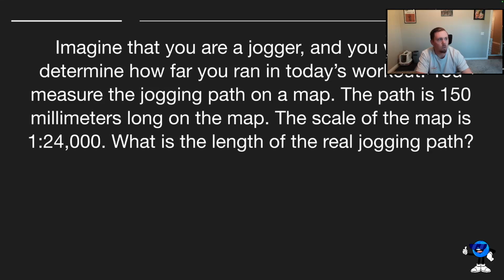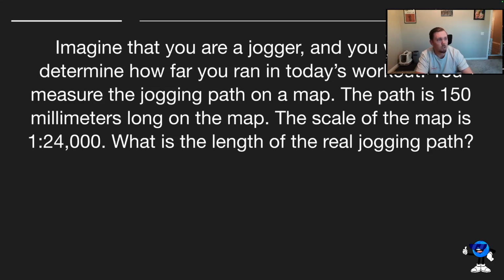So in order to figure this out, there's a formula for it. The map scale is 1 over 24,000, and the map distance is 150 millimeters. That's the ground distance. So the ground distance would be 24,000 times 150 millimeters, which results in a measurement of 3.6 million millimeters.